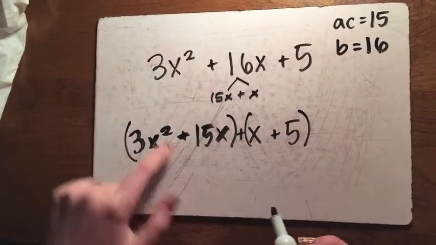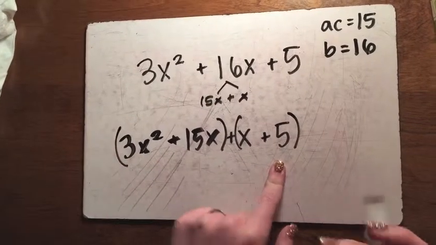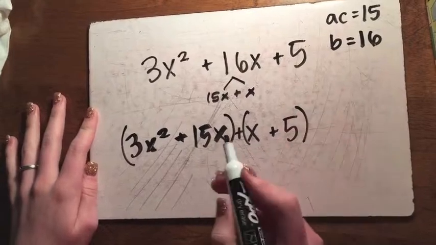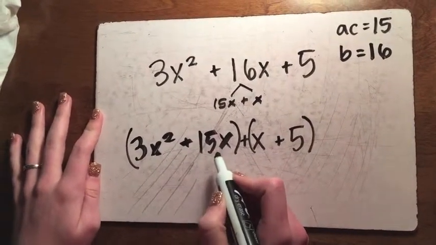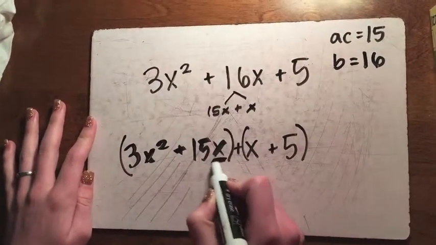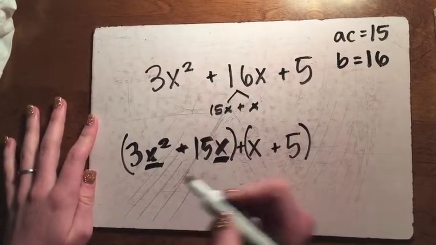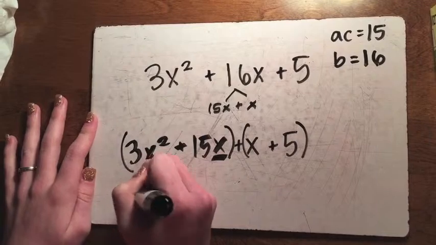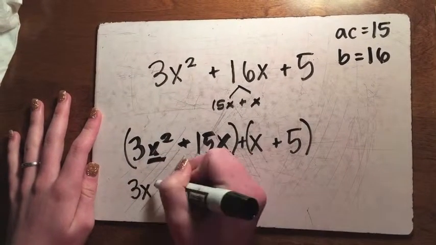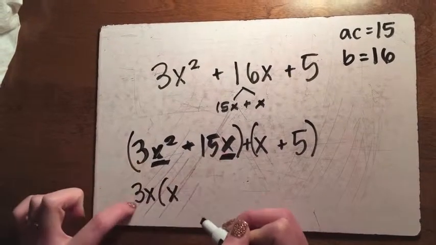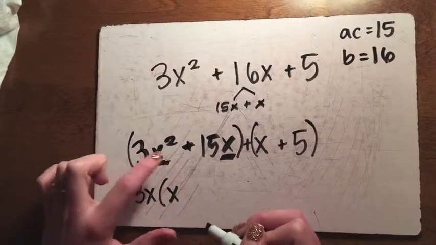And now we're going to take out the GCF of each grouping, and then we'll be left with our binomials. The GCF of this one is 3x, because there's an x here, so you can take the x out, and there's an x here as well, and 3 goes into 15. If you take out 3x, you're left with x, because 3x times x is 3x squared.